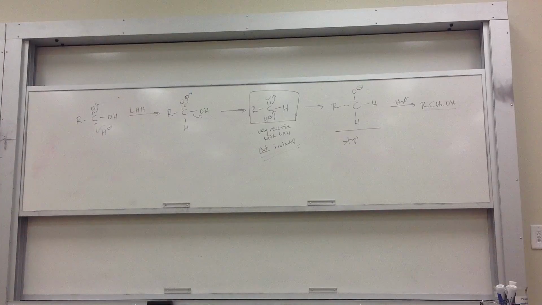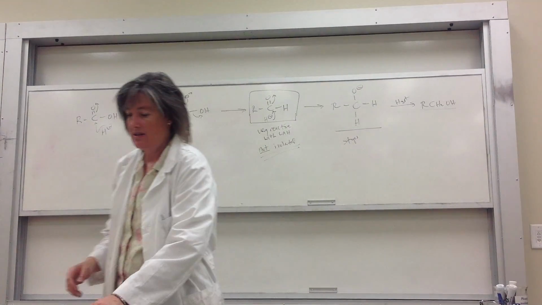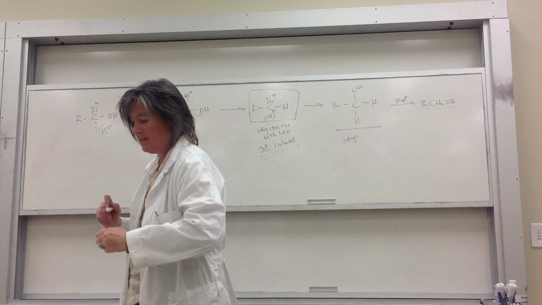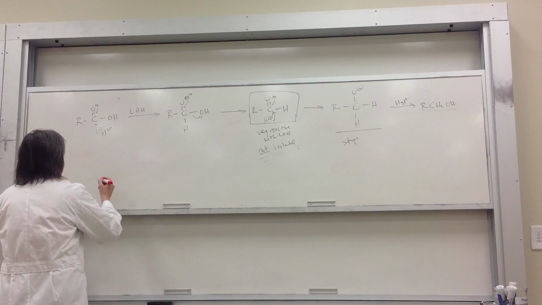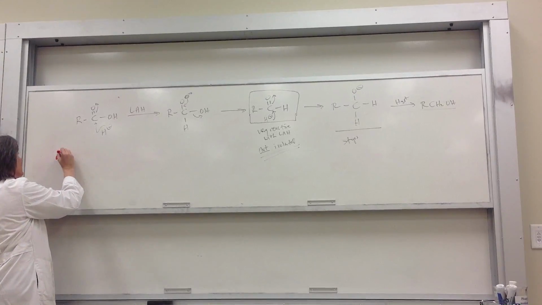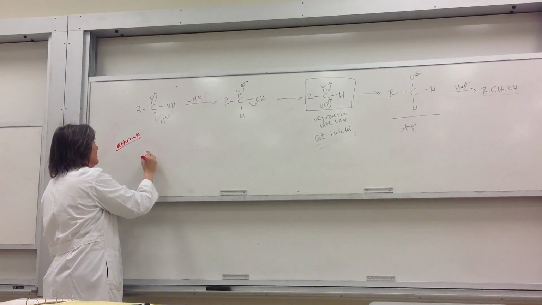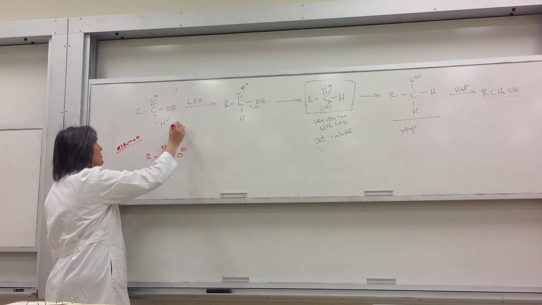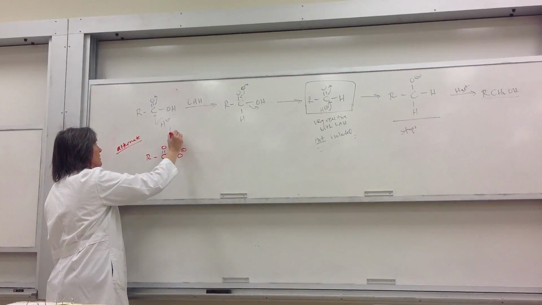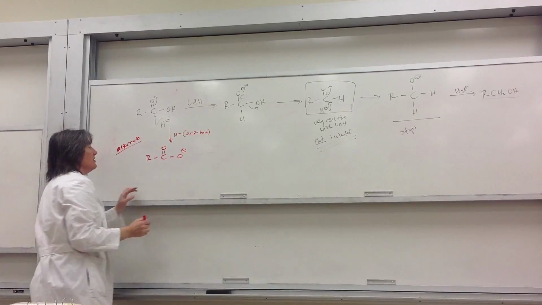Now, just as an aside, this is the mechanism seen in some books. In another book that I looked up, what they did was something that might make you a little happier. This is an alternate. What they did is they first created that. The H minus did an acid-base reaction and created this.